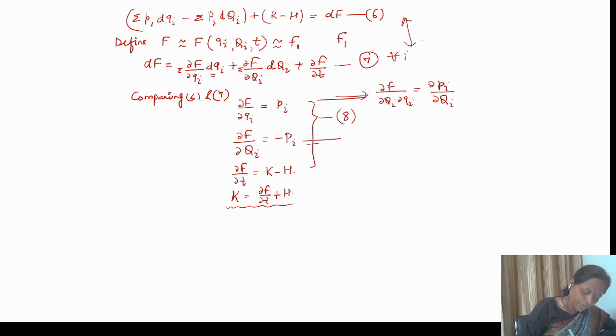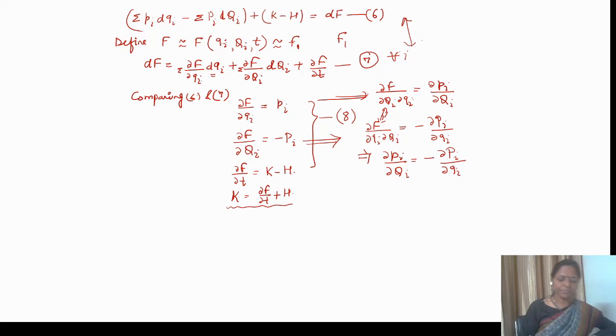And if I differentiate this equation with respect to small qi, then I get delta capital Pi delta qi, and these two are the same. So I get delta pi delta capital Qi is delta capital Pi delta qi.